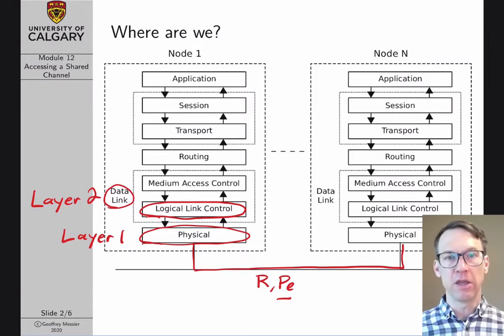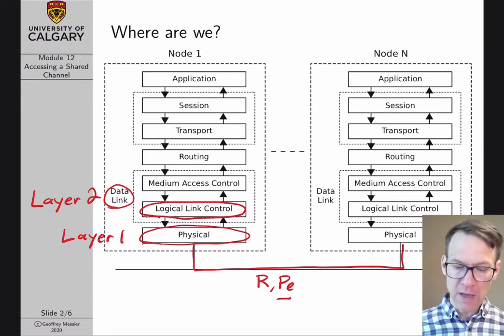We also see ARQ up at the transport layer when we look at TCP. So ARQ actually happens in a number of places. And remember, the OSI protocol stack model is just that: a model, a general guideline. When people build specific protocols, often they will deviate from that guideline.